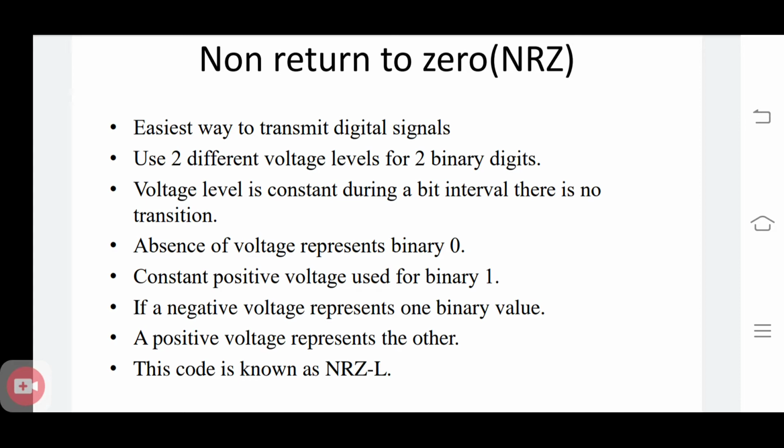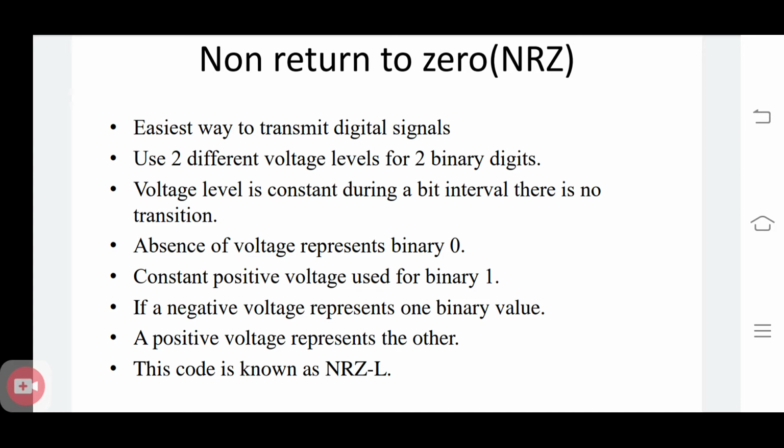That is the default mechanism in non-return to zero, right? So here you are using 2 voltage levels, one for binary 1 and the second for binary 0. The default case is for binary 1 you are using a positive voltage, and for binary 0 you are using an absence of voltage, right?